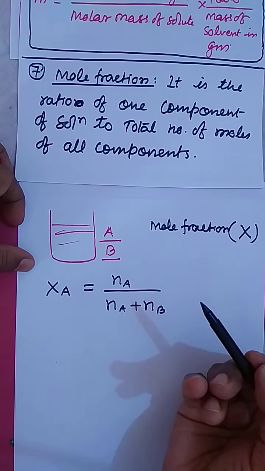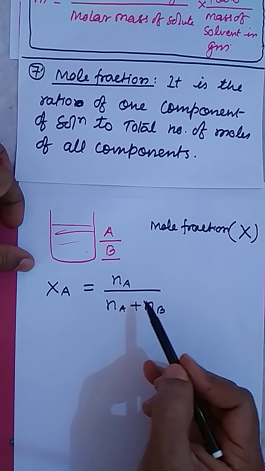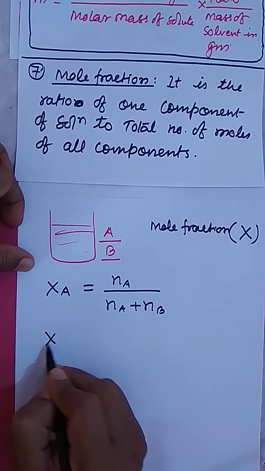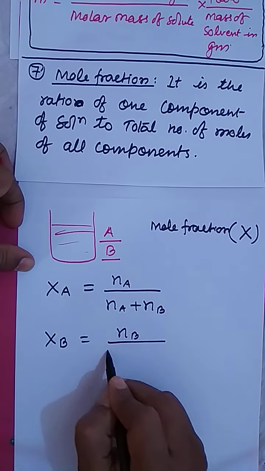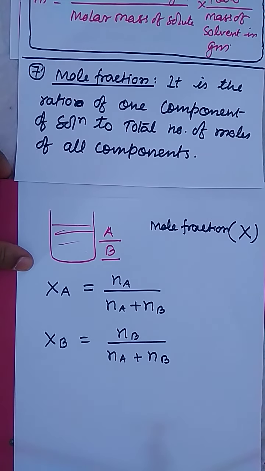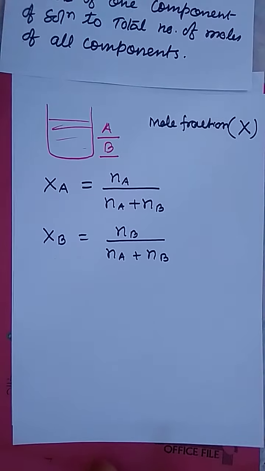It may be more than 2 components, no problem. So the third one is C. So Na upon Na plus Nb plus Nc. Similarly, you can write Xb equal to Nb upon Na plus Nb.